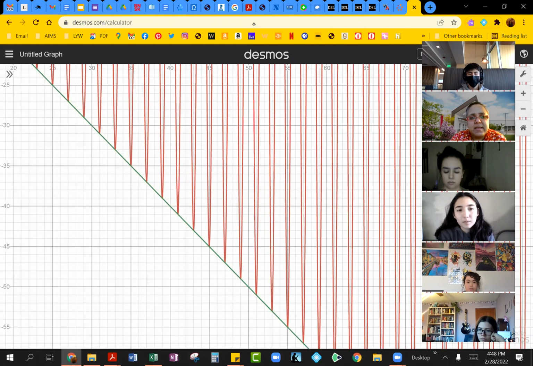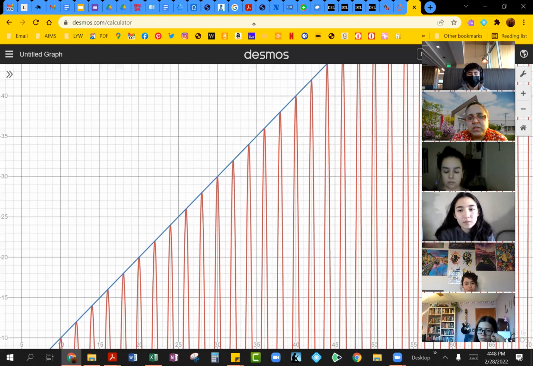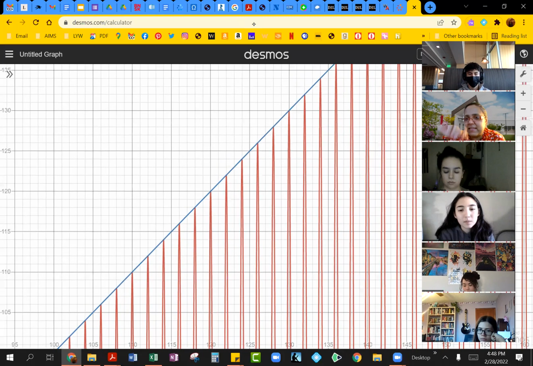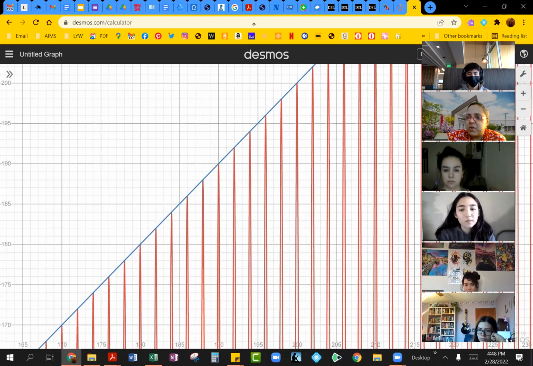On the other side, if you go on the upper half, you will see as x is going to positive infinity, your y value is going to take its time because it's going to do that oscillation, but your y value is also getting larger and larger. So it is going to approach both positive and negative infinity for x.